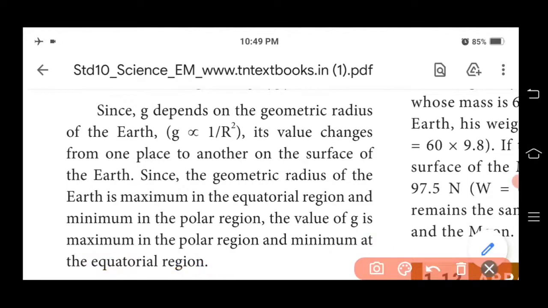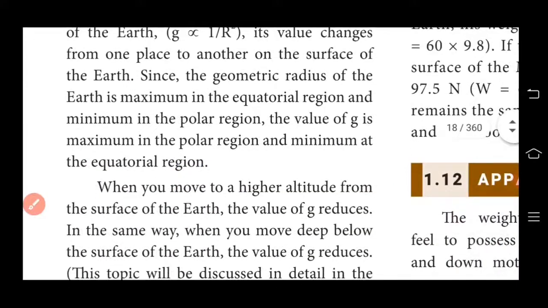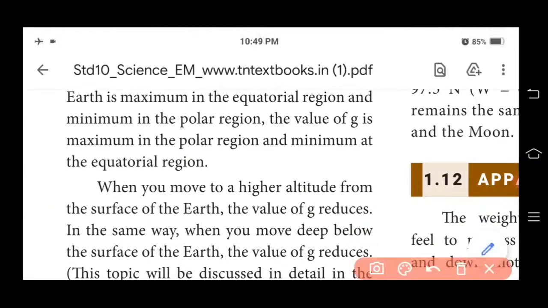And then, when you move to a higher altitude from the surface of earth, g reduces. So acceleration due to gravity reduces.